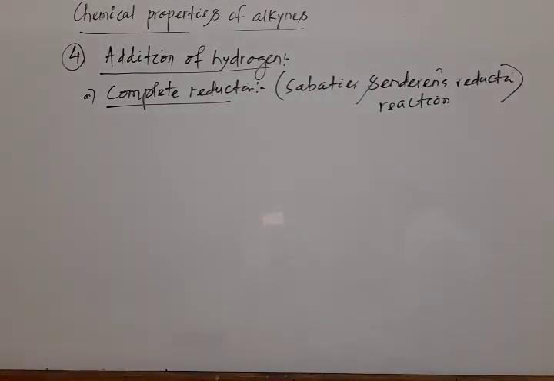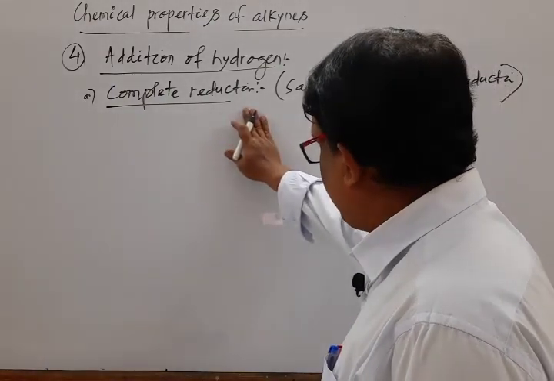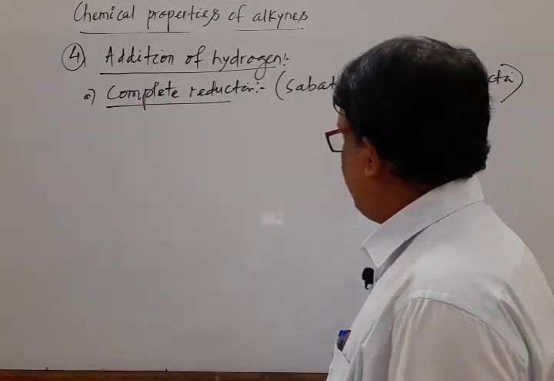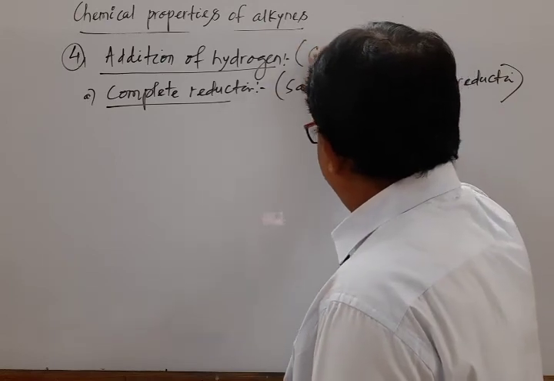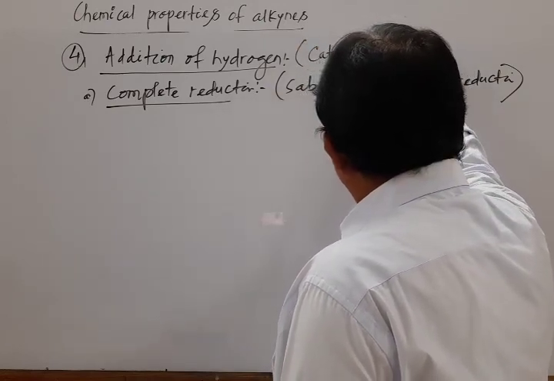It is under the heading of catalytic reduction. Two points are there. One is complete reduction and one is controlled reduction. Next one is controlled reduction, under the heading of catalytic reduction.